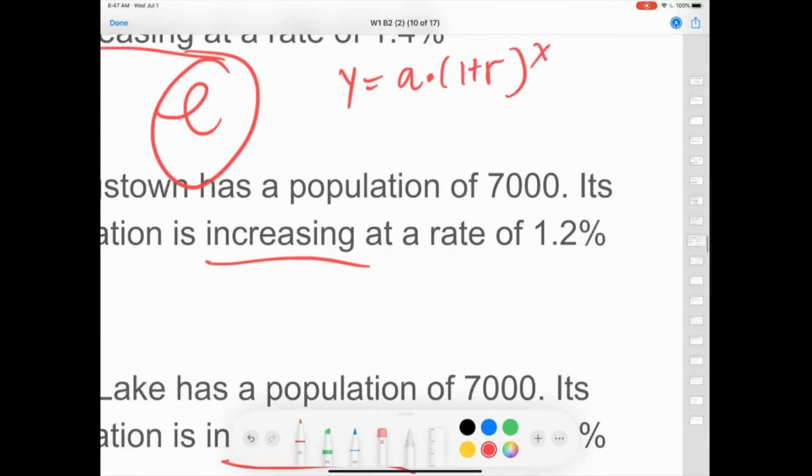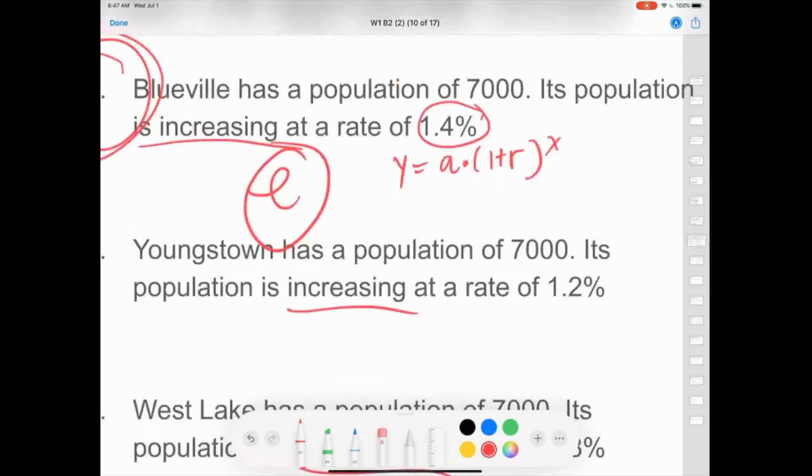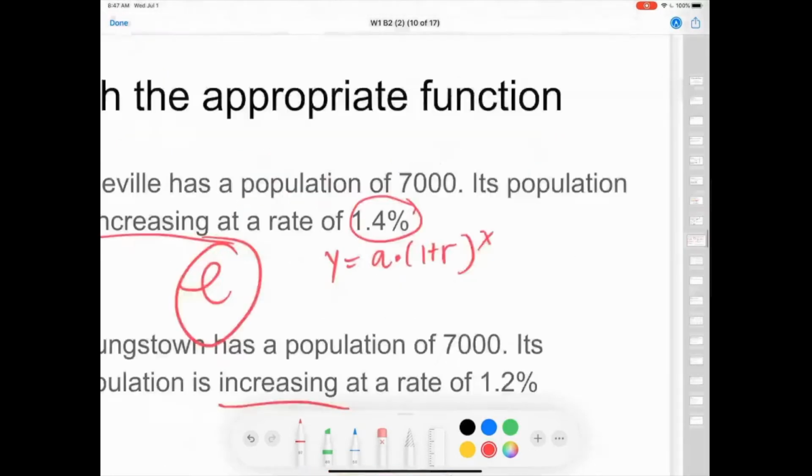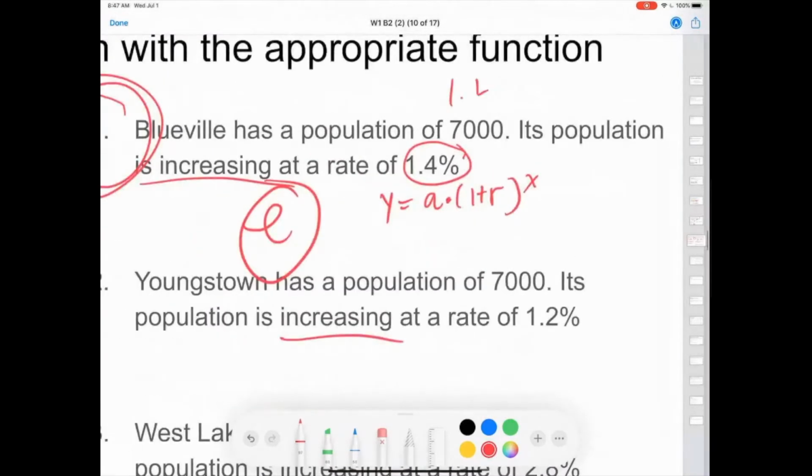Now, remember I talked to you about converting this to a decimal. I know a lot of you know how to convert to a decimal, but for those that don't, I'm just going to go over it really quick. To convert 1.4 to a decimal, 1.4%, you take the decimal and you move it to the left 2 spaces. So 1, 2, there's my new decimal, and then you add a 0. So this would be 0.014, okay?